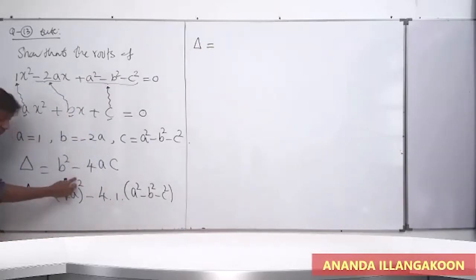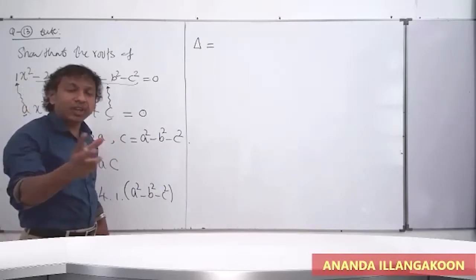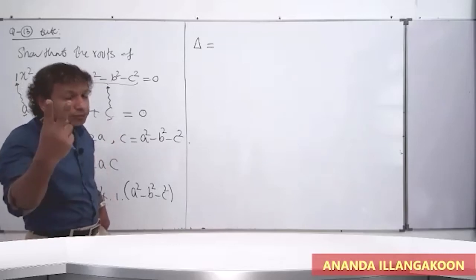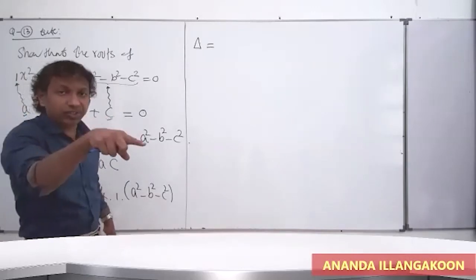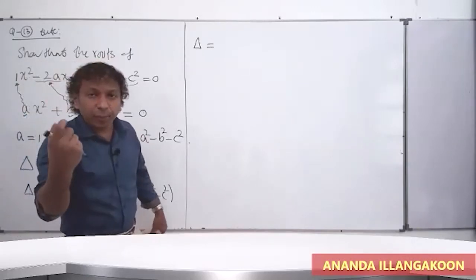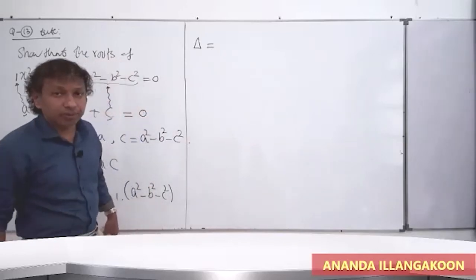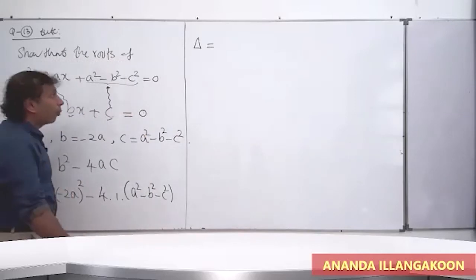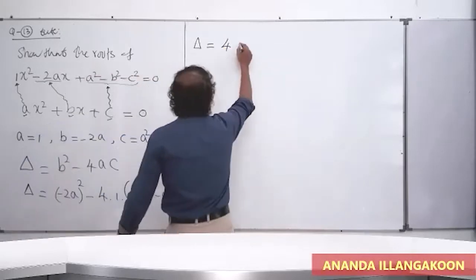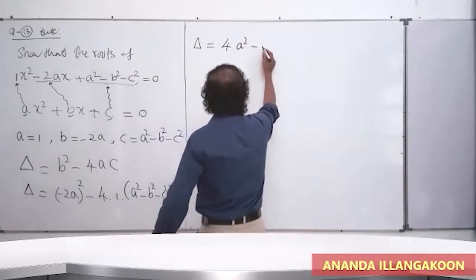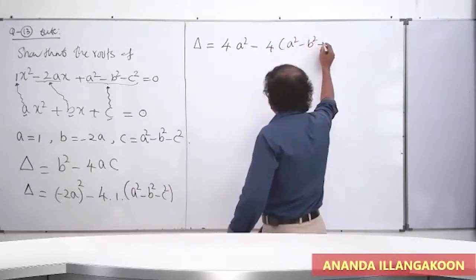We have to square the minus sign. Minus sign squared means minus sign times minus sign. Squaring means we have to write it 2 times. X squared means x into x. Like that, minus squared means minus sign into minus sign. Minus minus, when you multiply, it's plus, people. Right. 2 squared is 4, A squared, minus 4 times A squared minus B squared minus C squared.